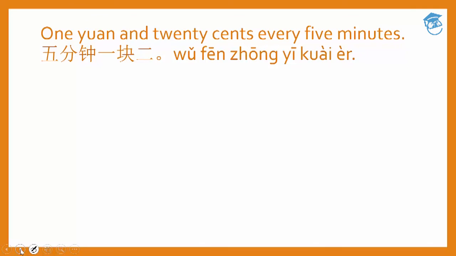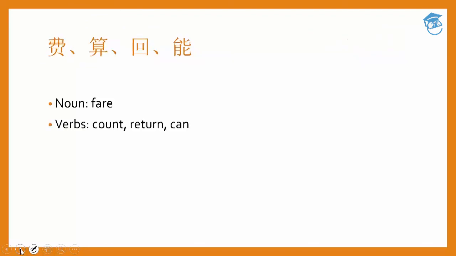So as you can see, we are talking about 5 minutes. So the way we say it is like for 5 minutes, $1.20. But in English, it is the other way around. We say $1.20 every 5 minutes.